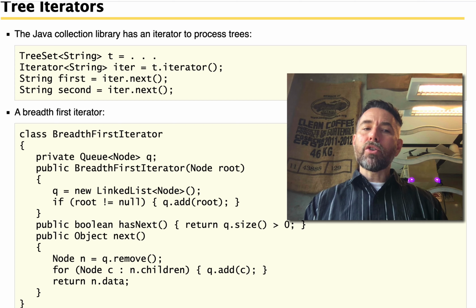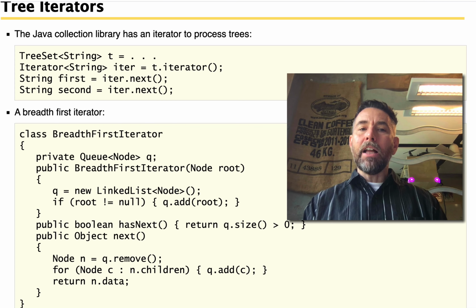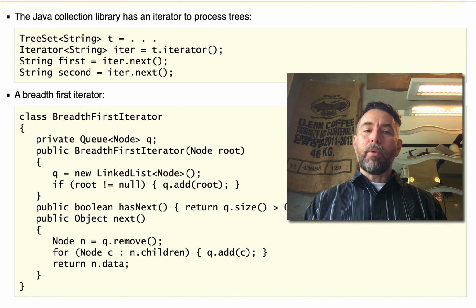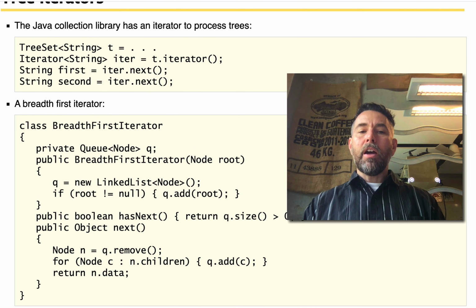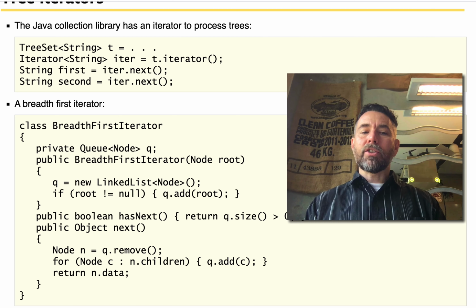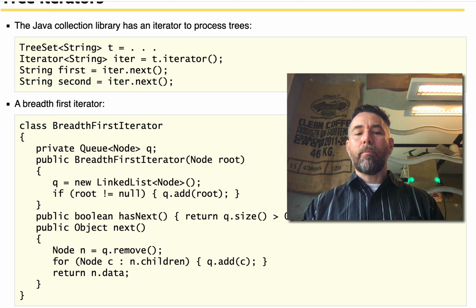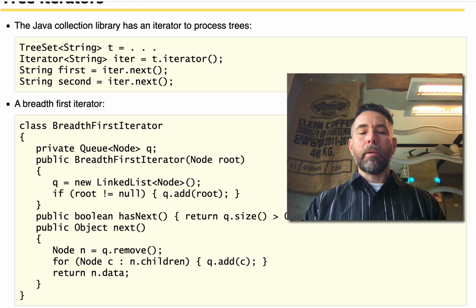We can walk through our tree asking for the first and the second elements as the iterator does the process of doing our traversal for us. And if the breadth first iterator was implemented here, we would have a queue that gets established. We have our breadth first iterator that starts at our root, creates the queue, and one by one adds elements to our breadth first implementation, as you see here.